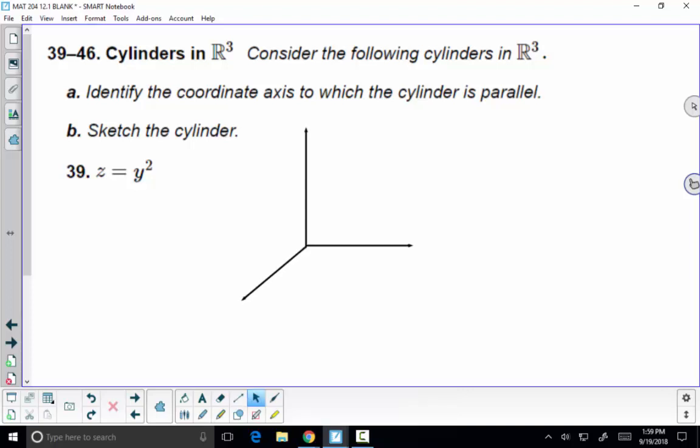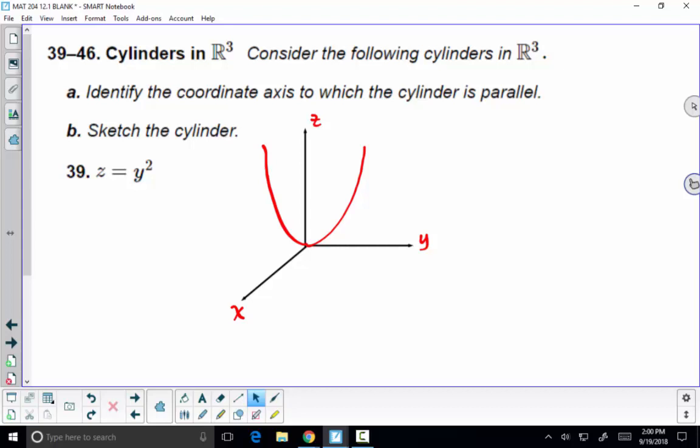All right, so here we have a parabola as the generating curve. That parabola is sitting in the YZ plane. One really simple way to recognize a cylinder is if one of the letters is missing.